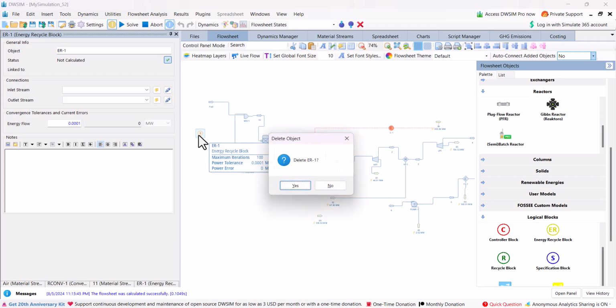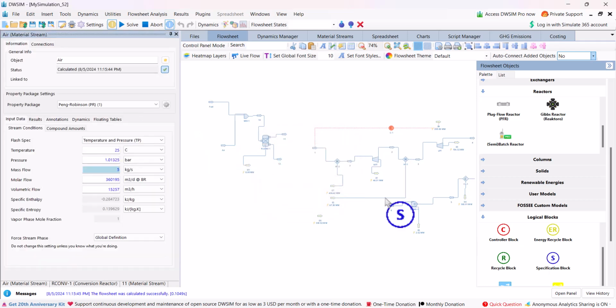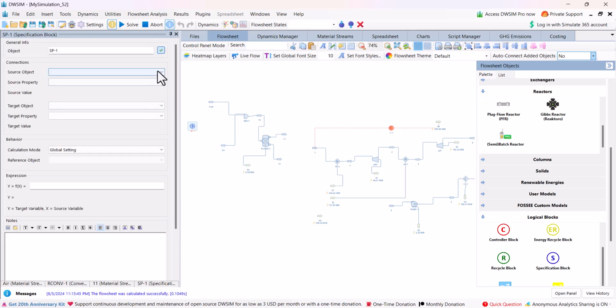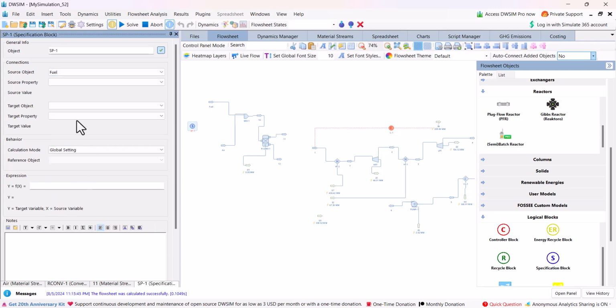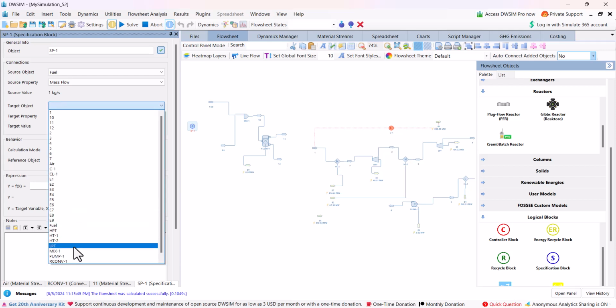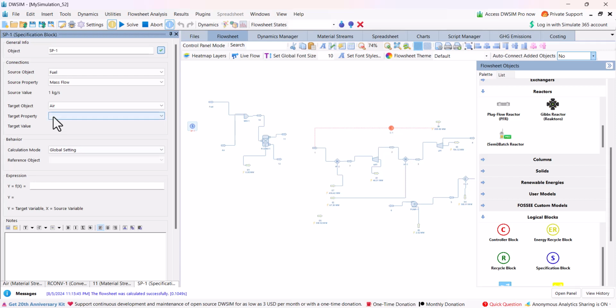I need a specification block, where source object is fuel and source property is mass flow, target object is air and its mass flow, and calculation mode is global setting.